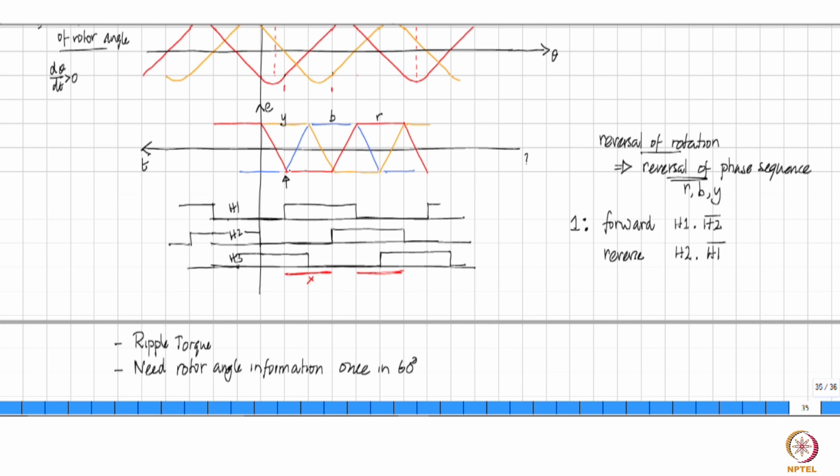If it has been reached, then you need to know that the switch pertaining to this region, that is the R phase, will need to be turned on. Similarly, after this, you need information when this angle is reached. Then you need information when this angle is reached. So it is enough if you know that the rotor has reached a position where an EMF is becoming flat. So only once in 60 degrees it is sufficient if you know the angle.